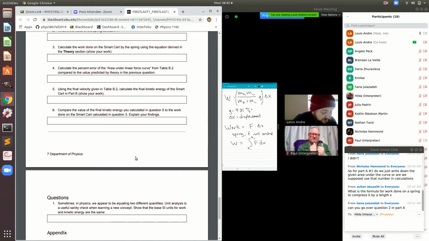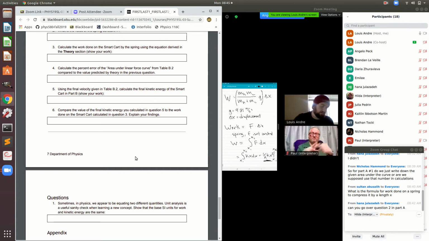Force for a spring is kx, so this would be the integral over some displacement, x1 to x2, could be 0 to whatever the displacement is, of kx dx. So that's 1/2 kx squared, evaluated from some initial to some final position. That right there is the energy stored within a spring.